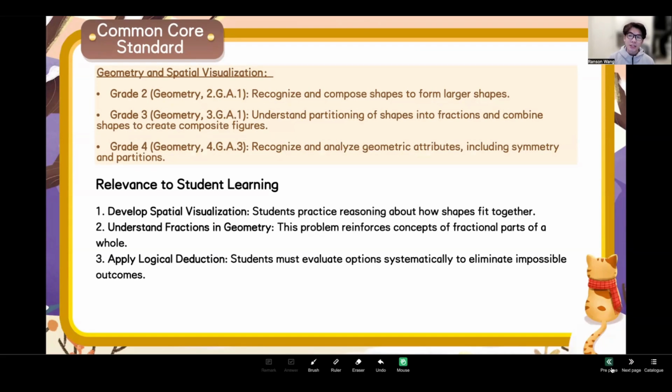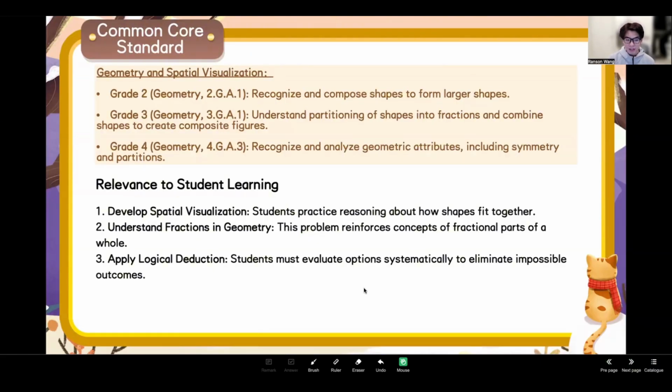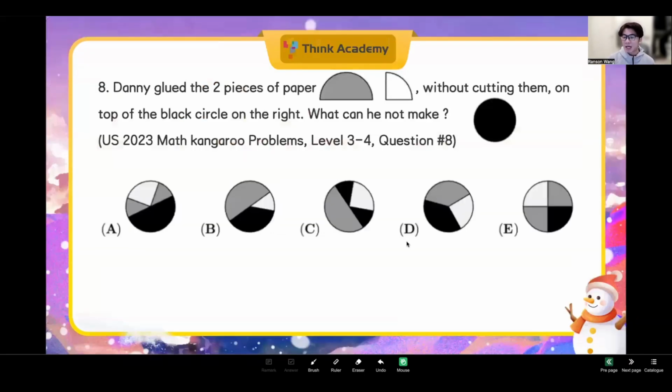When we first introduce fractions, we usually use the geometry way like this. And we can also apply logical deduction, so students evaluate options systematically to eliminate some impossible outcomes. So we use elimination to solve this question.